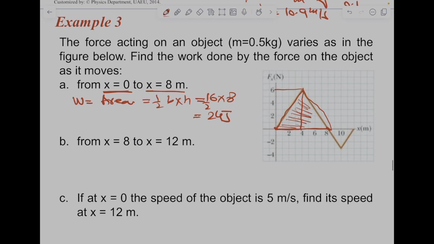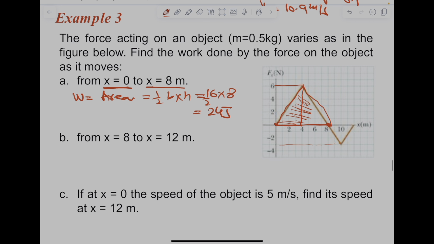Now you calculate the work done from point x equals 8 to x equals 12. If you see this, this is the area of a triangle. Work is the area, and the area of a triangle is 1/2 base times the height.